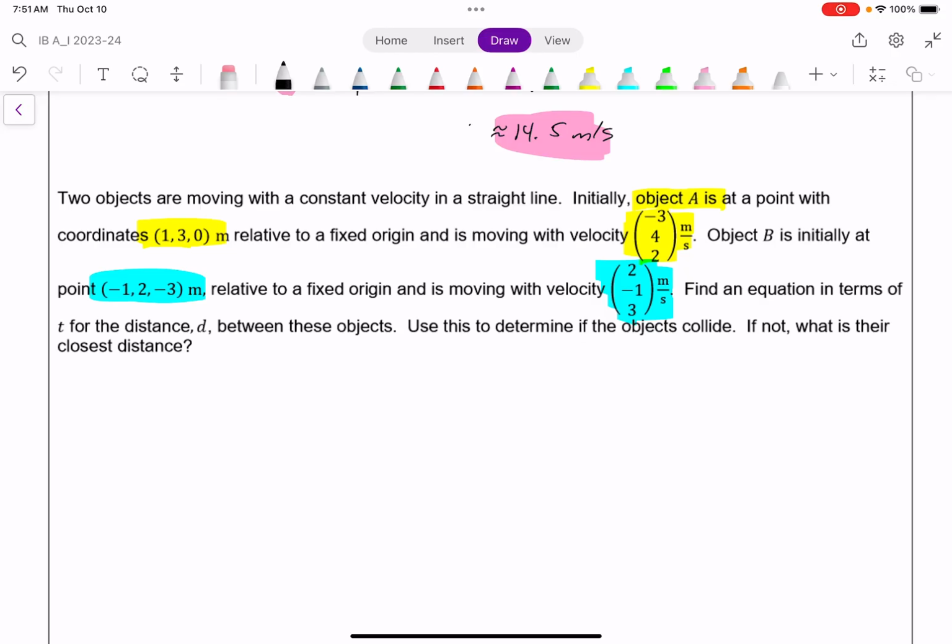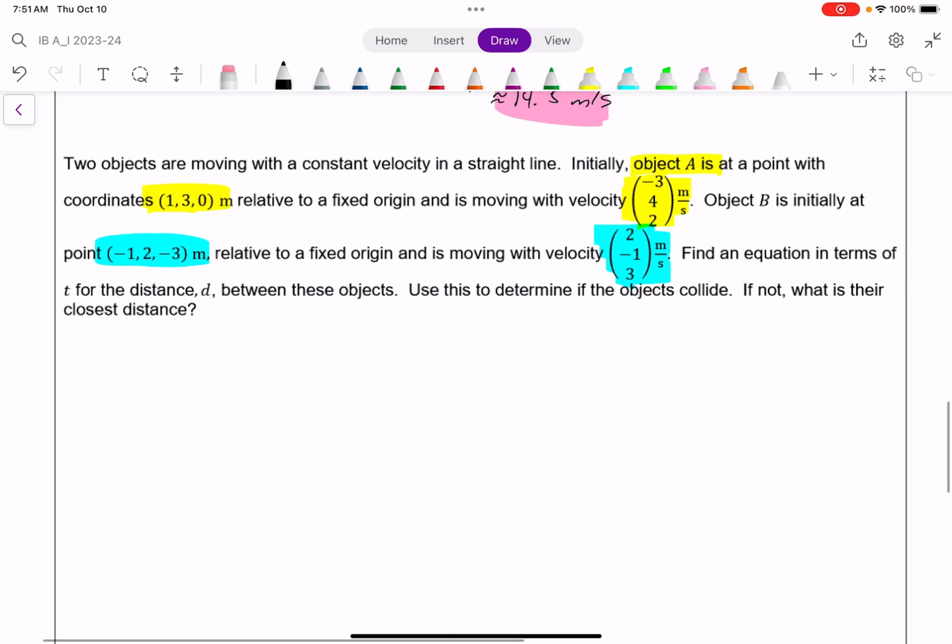So I want to express each of these as a vector equation, similar to what we did in previous lessons. For object A, I'll call this RA. The vector can be expressed as the initial point, which was 1, 3, 0, plus, in my previous questions, this was lambda. In this case, it's the change in time times the velocity, negative 3, 4, 2.